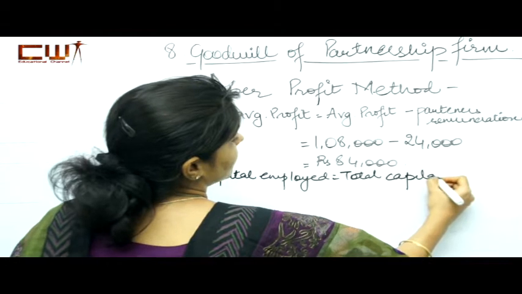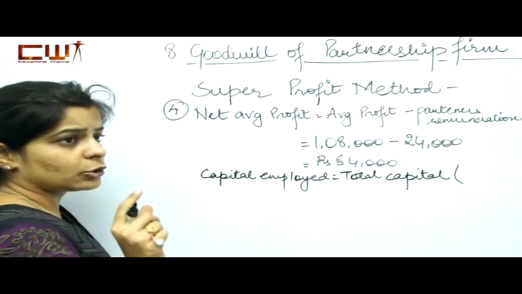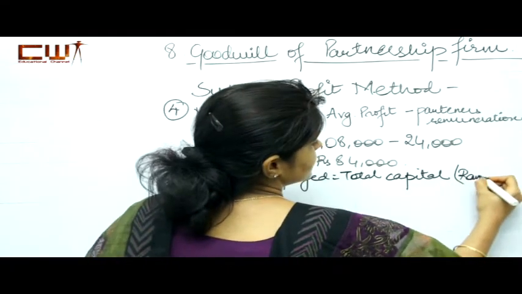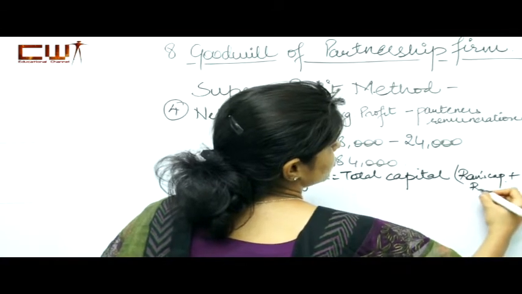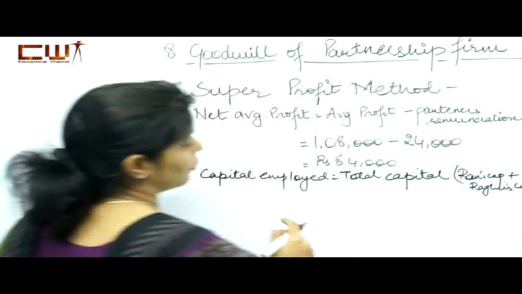The total capital of the firm means you have two partners, Ram and Raghu. The total of the capital of those two partners, that is Ram's capital plus Raghu's capital. That will be the total capital of the firm.